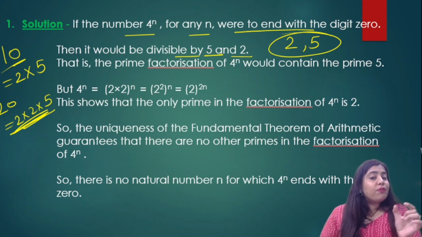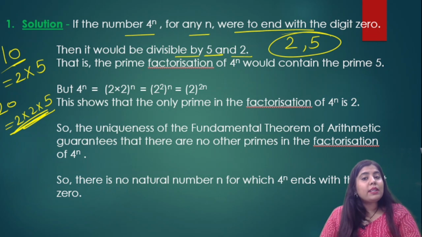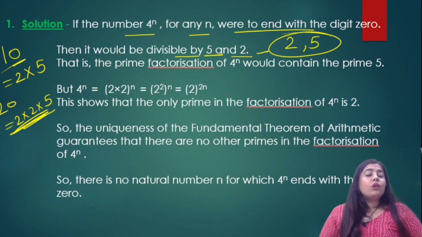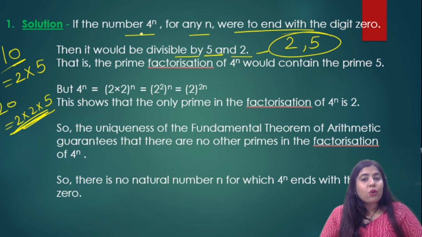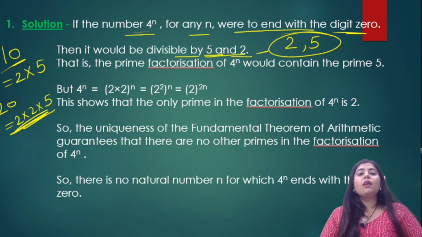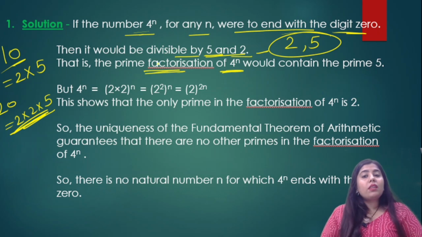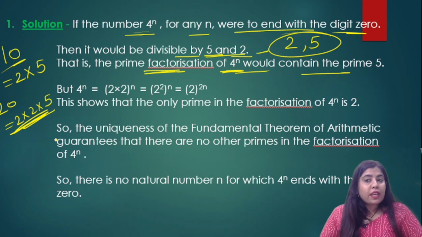So from here we see that any number that ends with digit 0 must have the factors 2 and 5, right? Now if the number 4 raised to the power n also has to end with digit 0, then it must also have these 2 factors, 2 and 5. It means the prime factorization of 4 raised to the power n would contain the prime 5 if it ends with 0, right?